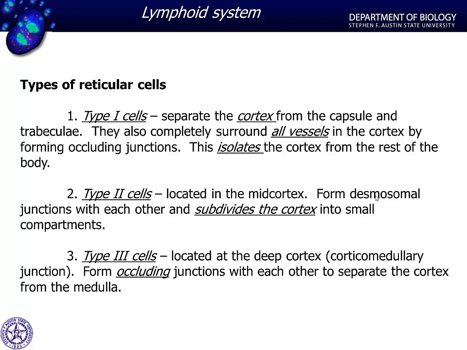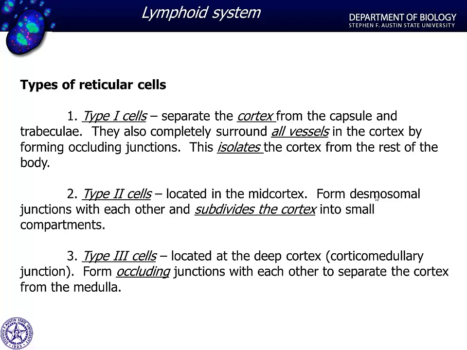Now we mentioned the reticular cells, and now we're going to go through and define these different types of reticular cells. The type 1 cell, we're going to find these in the cortex, and these are going to separate the cortex from the capsule and from the trabeculae. All right, we've got the capsule on the very outside.